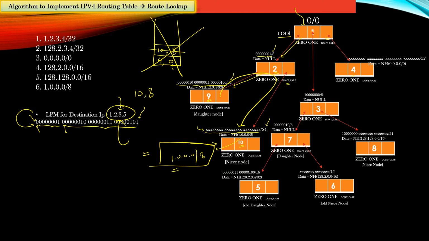Now note that as long as in your mtry data structure you have this default route installed, it is not possible that for any random IP address you could not find the route as per the longest prefix match principle. At the least the default route 0/0 is going to match with any random IP address as per the longest prefix match principle.